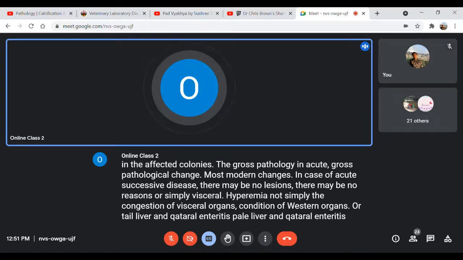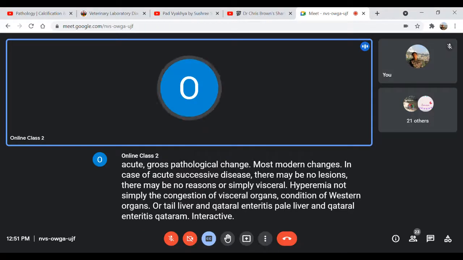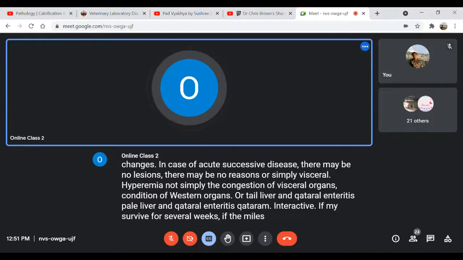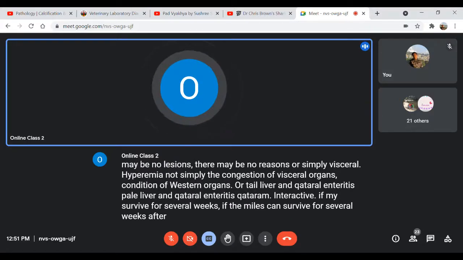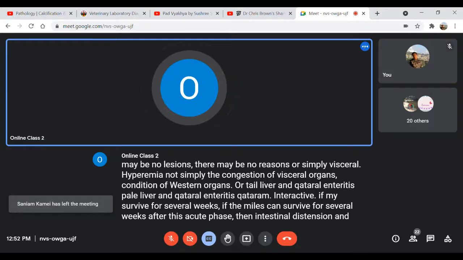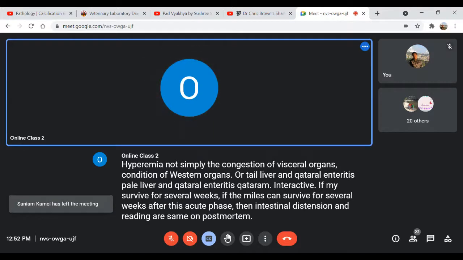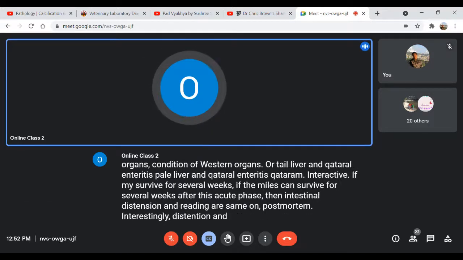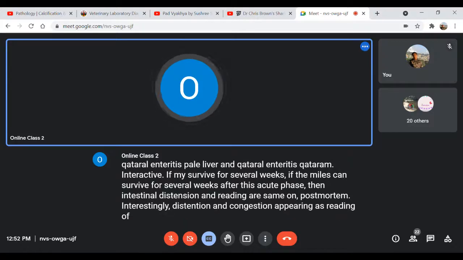If the mice survive for several weeks after this acute phase, then intestinal distension and reddening are seen. On postmortem, intestinal distension and congestion appearing as reddening of intestine are seen. Liver and spleen will show yellow-gray foci of necrosis.